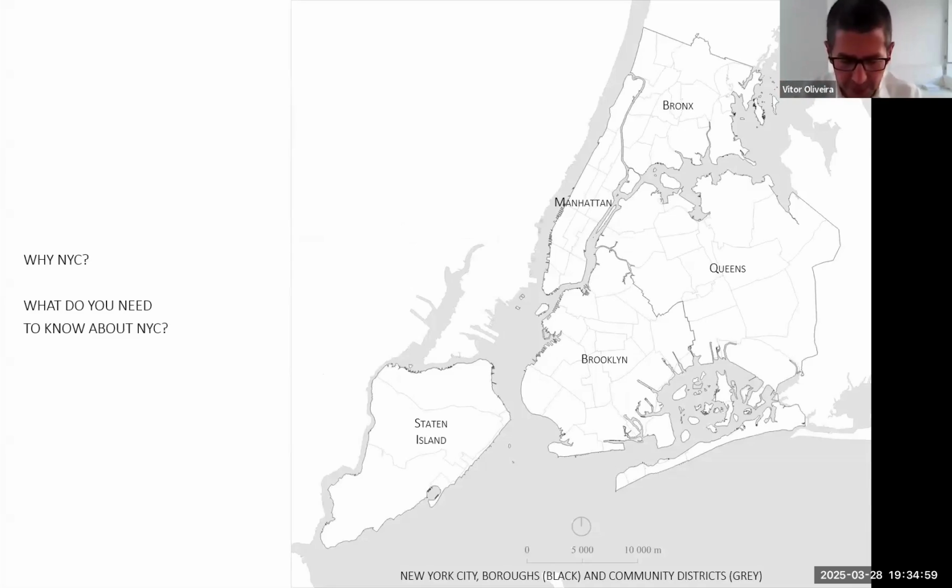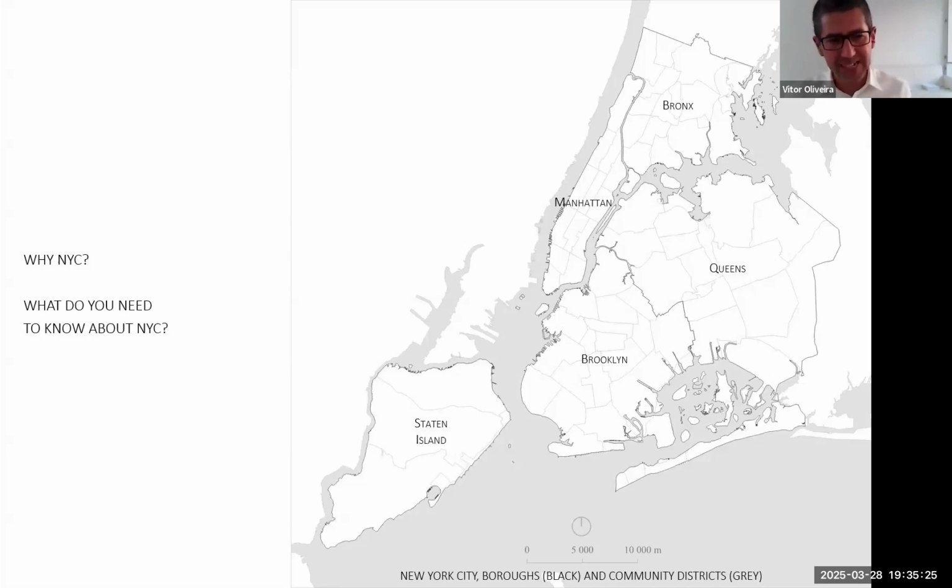Because 150 years before Conzen conceptualized the concept of ground plan, this idea was at the core of one of the most notable planning documents in planning history, which was the 1811 plan for Manhattan. And that is why it had to be New York.